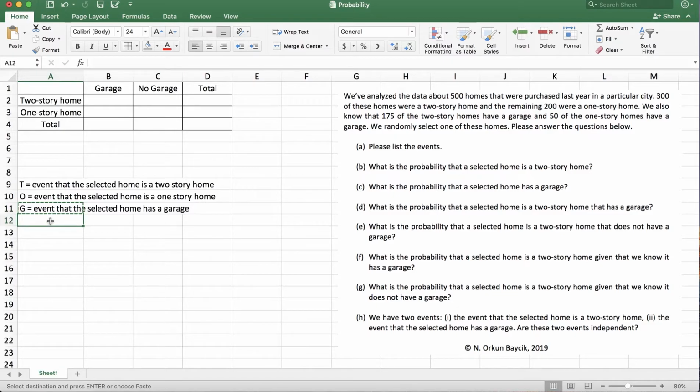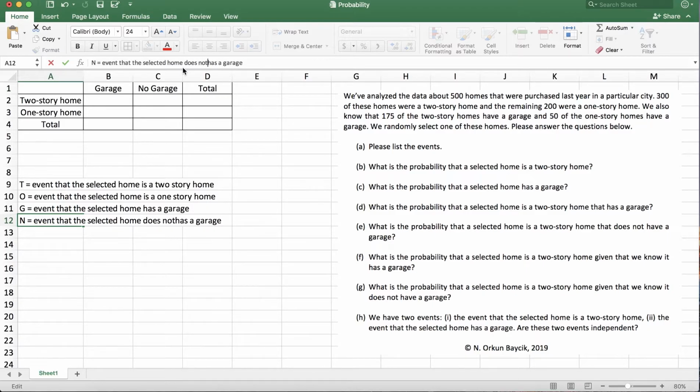And the second one will be that the selected home does not have a garage. Okay, so I have 4 events: the home being a two-story home or a one-story home, or having a garage or not having a garage. Okay, so 4 events. So this is the answer to part A.